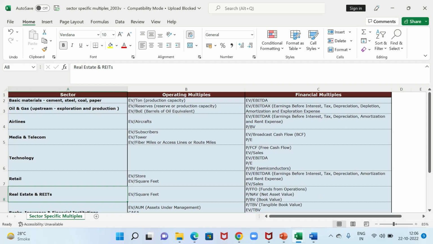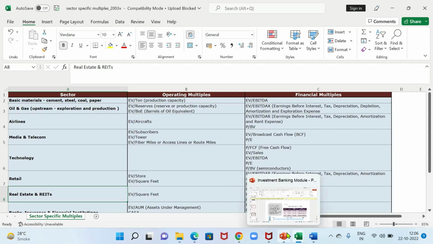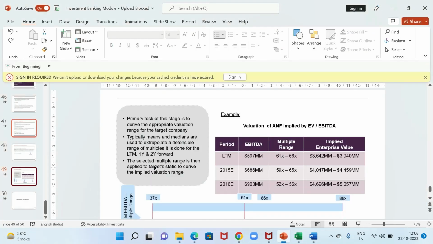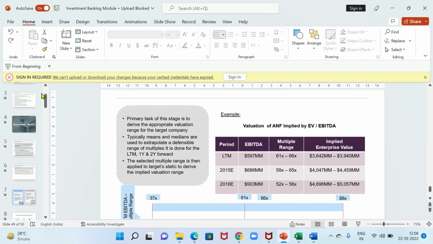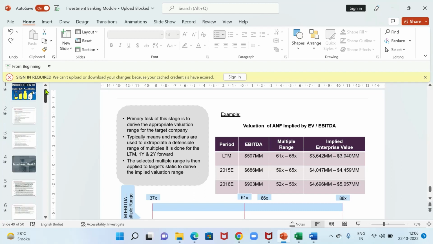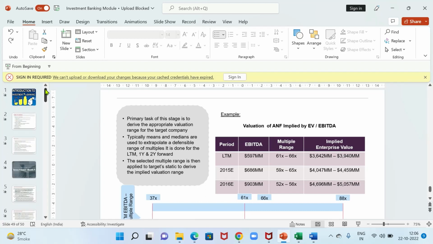I hope you relate to this session more. The first session was a basic introduction, making you aware of what IB is, if you are planning to start your career in it, the various streams, various linkages.